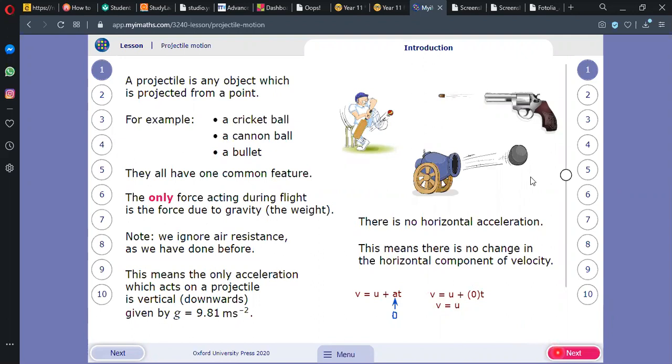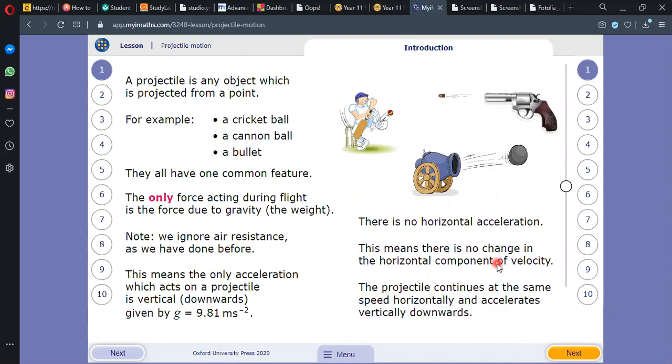Having said that, the projectile continues at the same speed horizontally, because the speed it starts with is the same speed it goes along with throughout the horizontal distance.